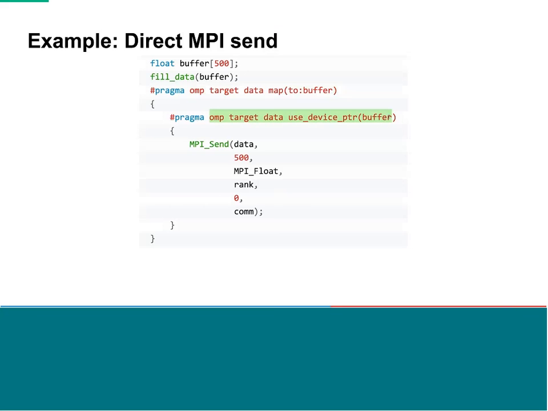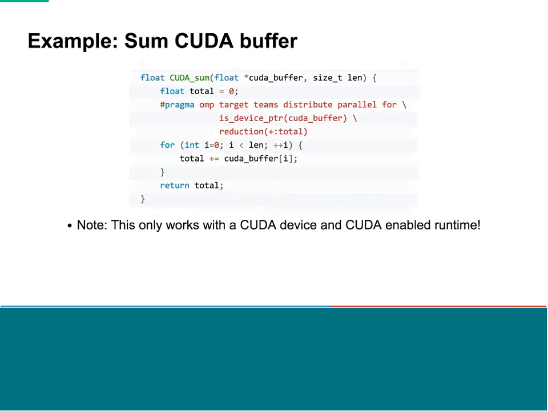And by doing useDevicePointer, buffer actually gets first privatized across this scope, and its value is set to the appropriate CUDA pointer if you're using CUDA as a native platform. That way, MPI can send it from right where it is.